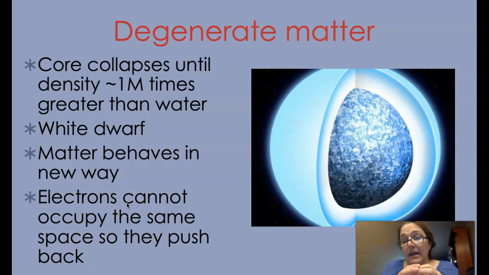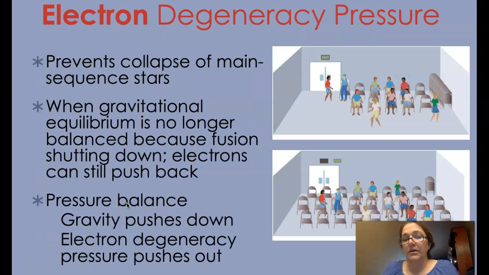So they start pushing out on the inside of the star. And so electron degeneracy pressure, electron is highlighted because in a minute we're going to have a different kind of degeneracy pressure. But electron degeneracy pressure helps prevent the collapse of main sequence stars. It's pushing out along with the thermal pressure.